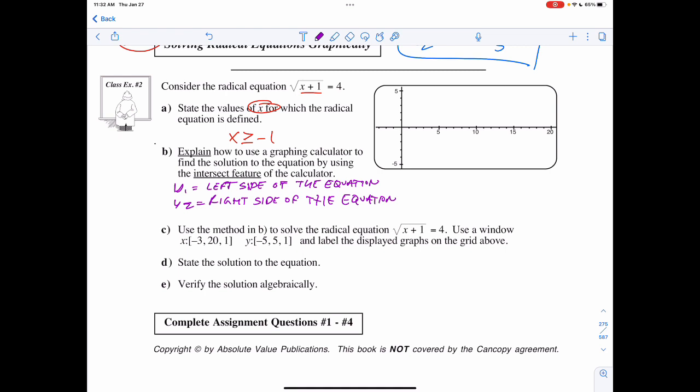And then I'm going to use the intersect to solve for x when the lines cross.